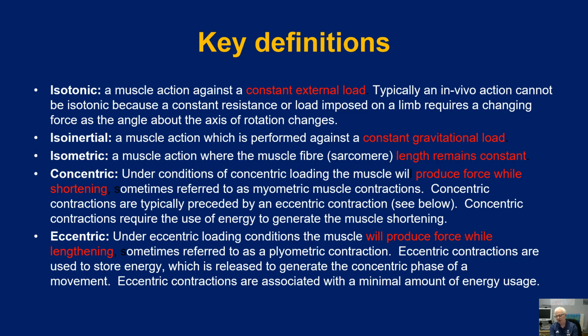Typically, an in vivo action cannot be isotonic because a constant resistance or load imposed on a limb requires a changing force as the angle about the axis of rotation changes. And if you think about that, there's a very logical reason for this, which relates to the length tension relationship of a muscle.